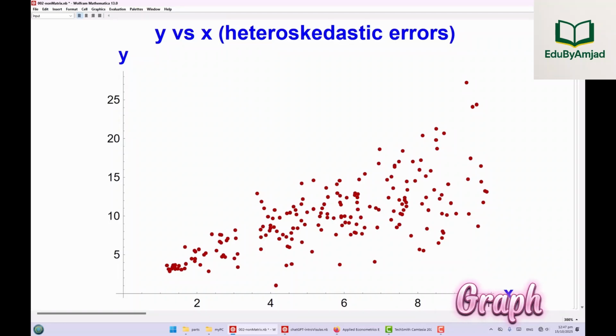This is the scatter graph of y hetero versus x. As the error variance increases with higher values of x, the outcomes become more spread out. As we move away from the origin toward the right, the observations appear wider and wider.